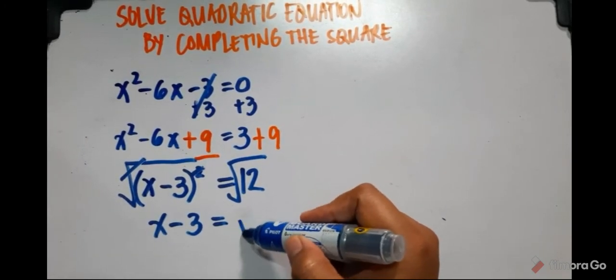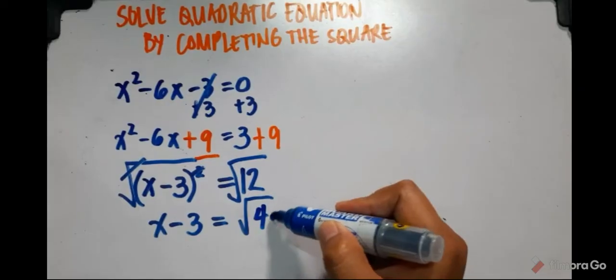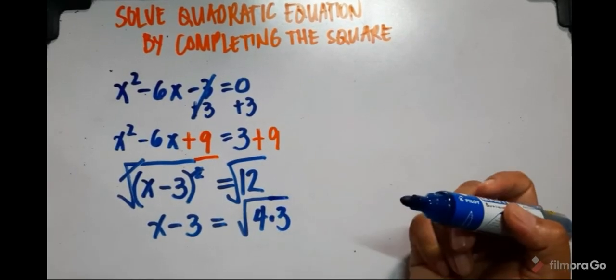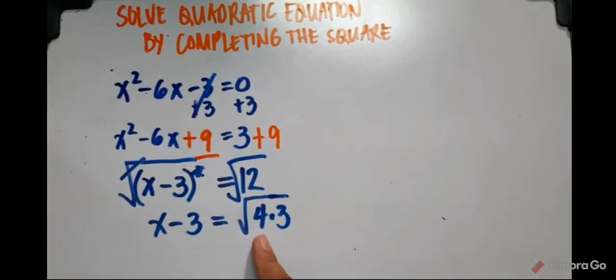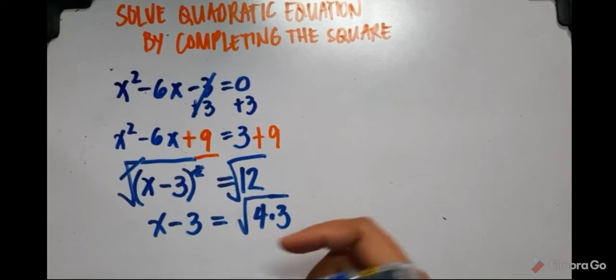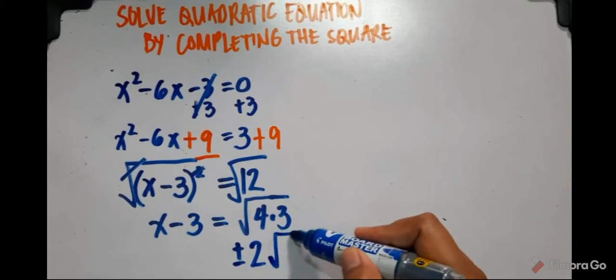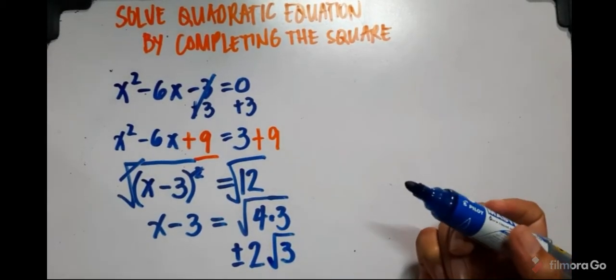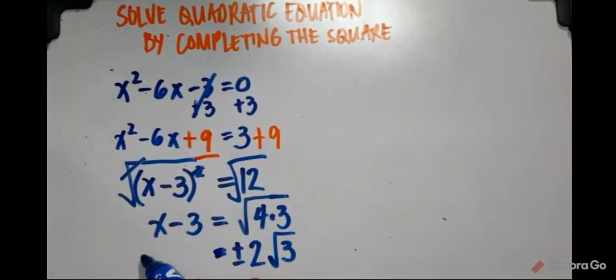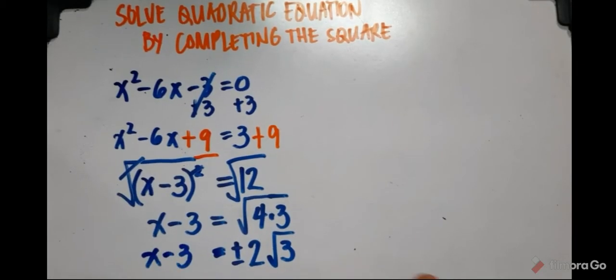So that will be 4 and 3. Now we have the square root of 4 is equal to positive and negative 2, and the square root of 3 stays inside. Then write the left-hand side.